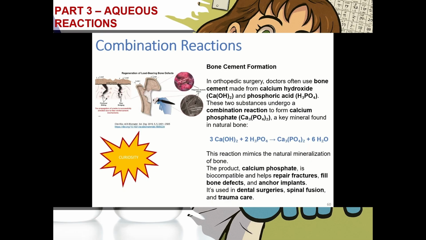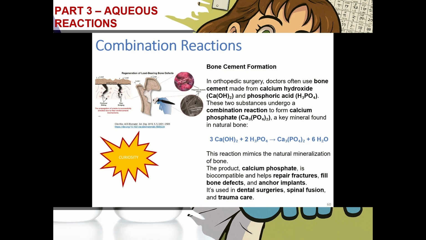So bone cement formation, this is a curiosity for you. This comes from a combination reaction, and actually it's a redox reaction. So doctors often use bone cement made from calcium hydroxide and phosphoric acid. These two substances undergo combination to form calcium phosphate, a key mineral found in natural bone.